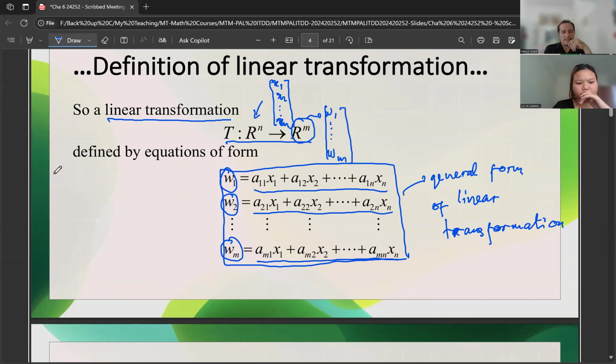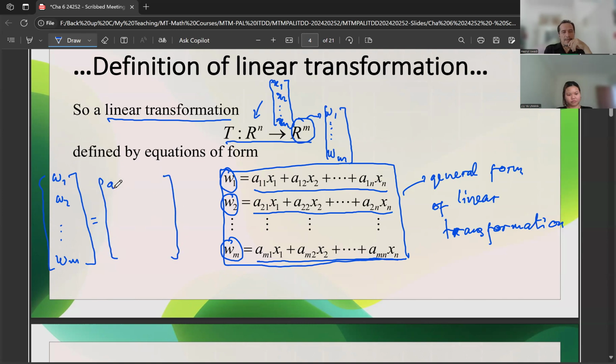This is y1, y2 up to ym on the left, and then the matrix will be A11 up to A1n, in the second row A21 up to A2n, and AM1 up to AMN.